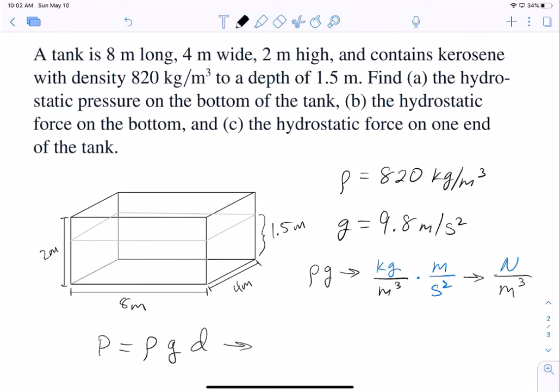And in terms of our units, we already had a Newton per cubic meter. And when we multiply by the depth, which is meters, then we end up with a Newton per square meter, and that agrees with what we had expected.